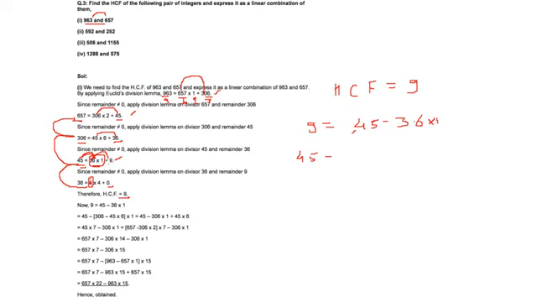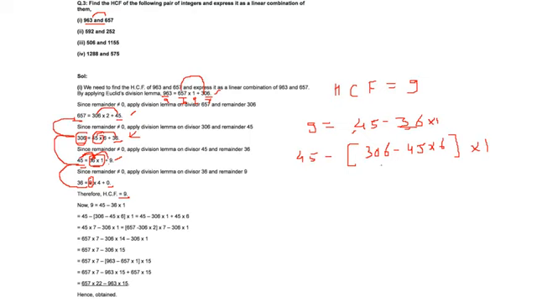This 36 has come from 306 minus 45 into 6, right? So in the place of 36 we will write 306 minus 45 into 6, because 306 minus 45 into 6 is 36. This is what we got from here. So I'm just backtracking. The other things remain the same, right?